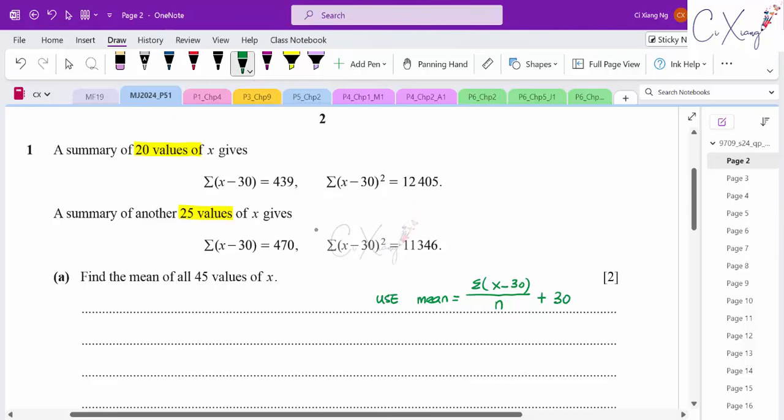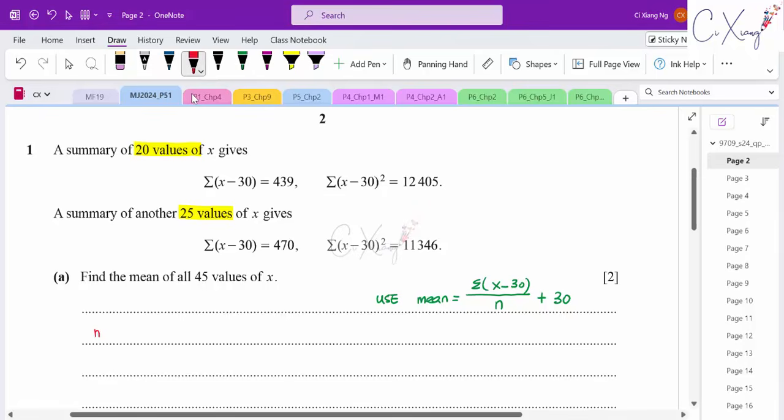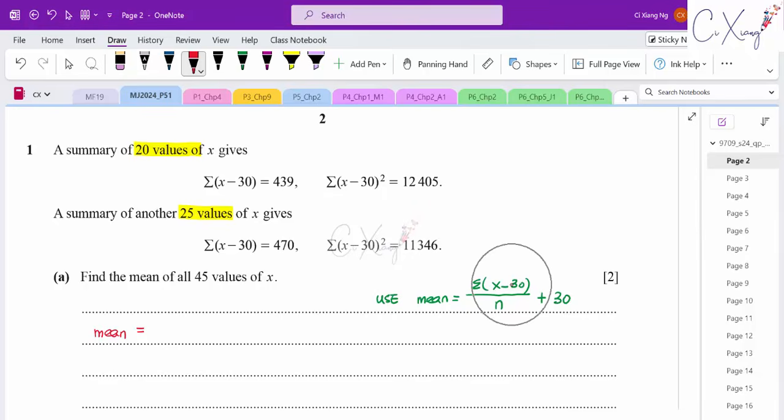Then because we have two sets of values here, 25 values and also 20 values, to calculate the mean, basically we need to combine all the summations in the formula. So I have summation of x minus 30 for the first set, which is 439.